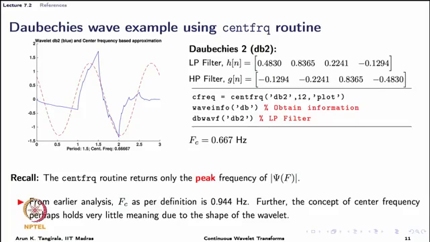But again recall from earlier analysis, that is, with the example that we showed on the wavelet transform of the sine wave of known frequency, the center frequency calculated according to the definition is a more appropriate conversion factor rather than peak frequency. So, you have to be careful when you use this routine.